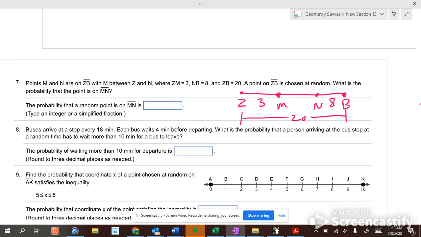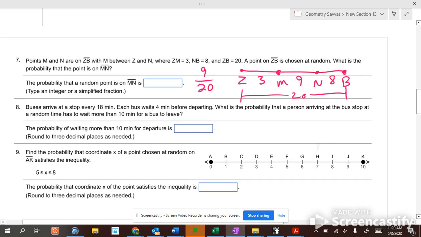How long is MN? 9. So what's the probability that if you throw a dart, it hits somewhere between M and N, if it's somewhere in between B and Z? Well, that's 9 out of 20. Does that reduce? No. It just stays at 9 out of 20.